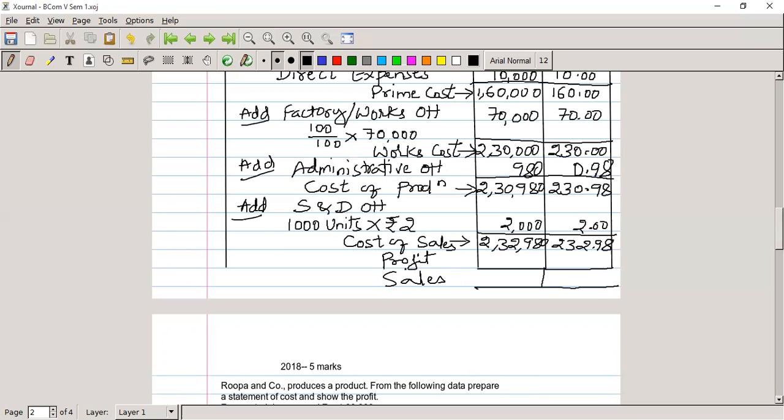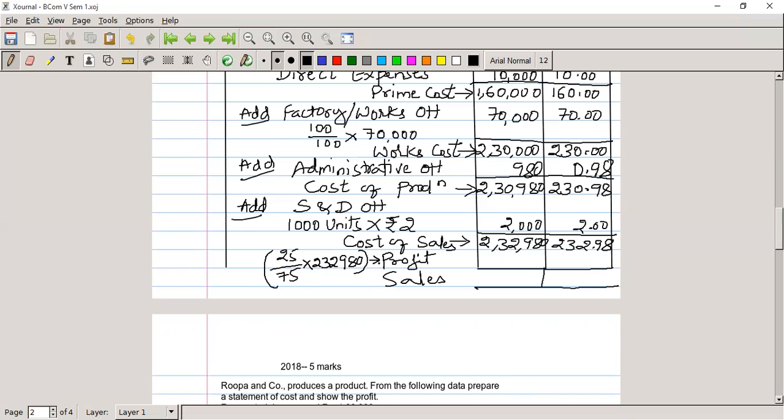So if sales is not given, we have to take 25 divided by 75 into cost, which is 2,32,980.